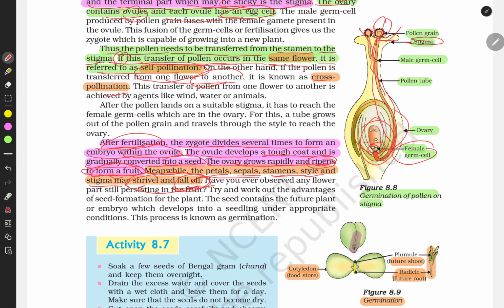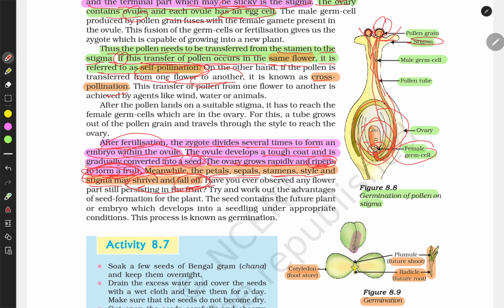Ultimately the ovary, after multiple divisions, has seeds, and the seed is covered by the ripened ovary, which is the fruit. So all fruits are nothing but a ripened ovary.